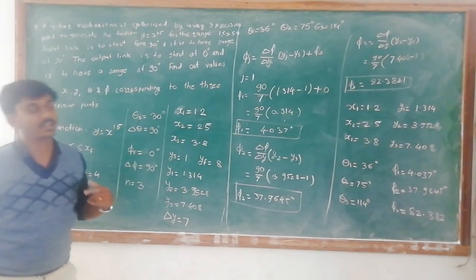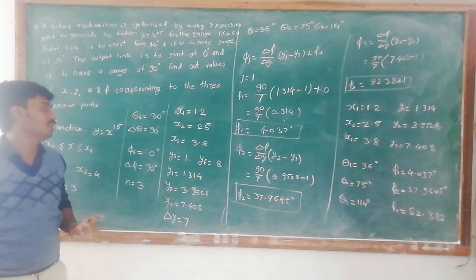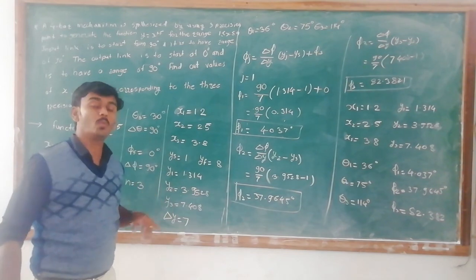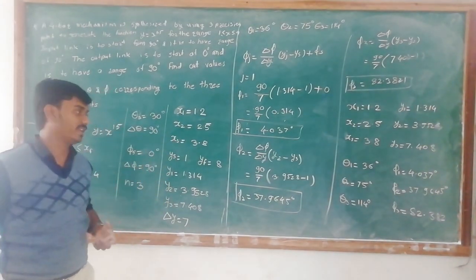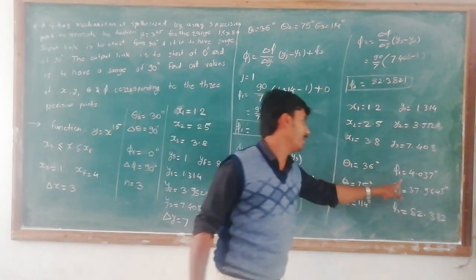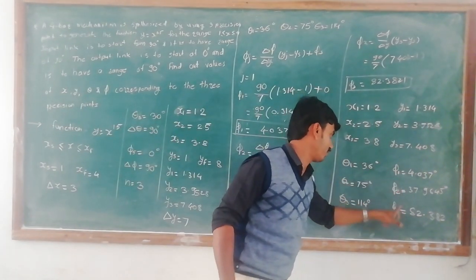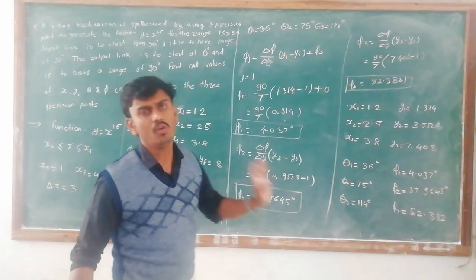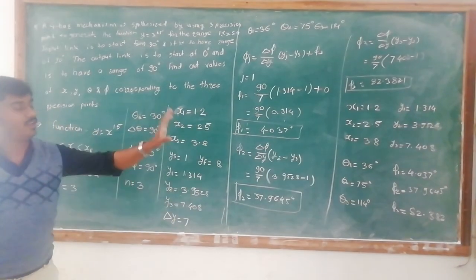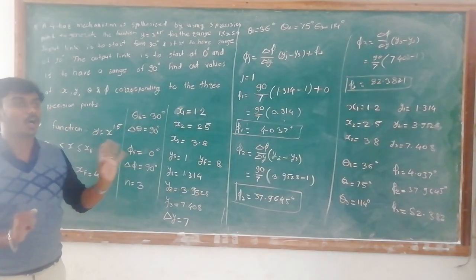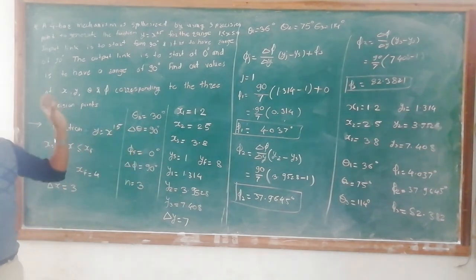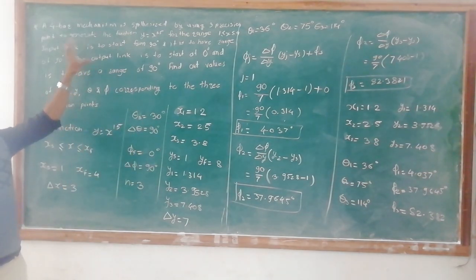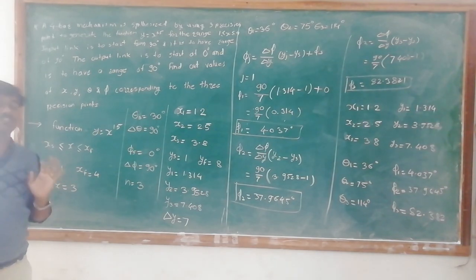It is not less than 30 or greater than 120. Similarly, the range of phi is 0 to 90, and all the values phi 1, phi 2, phi 3 lie between 0 and 90. So the values we have found are all correct. Okay, so this is the overall solution of this numerical, which is based on Chebyshev spacing.